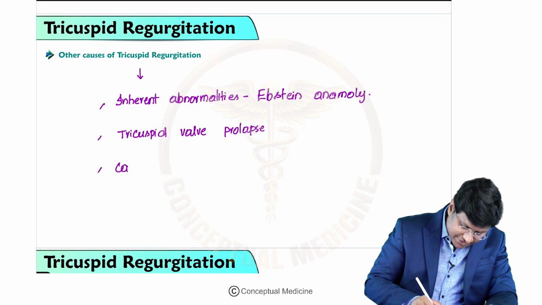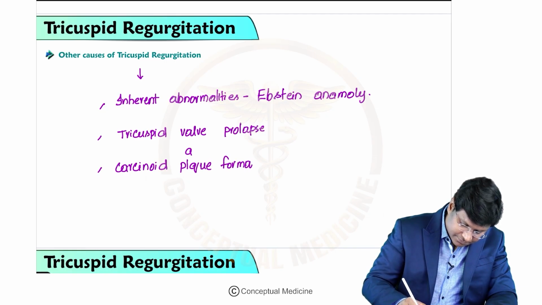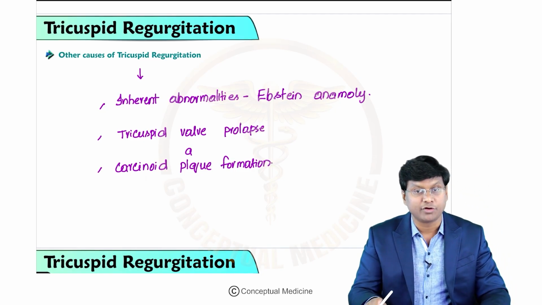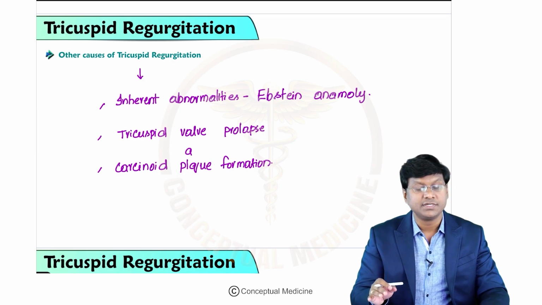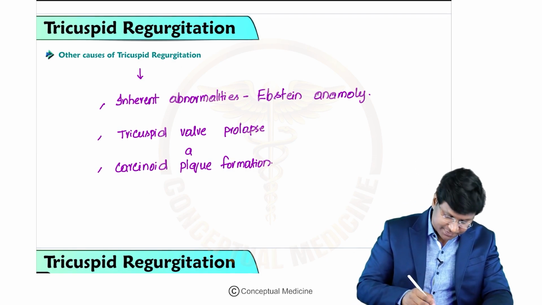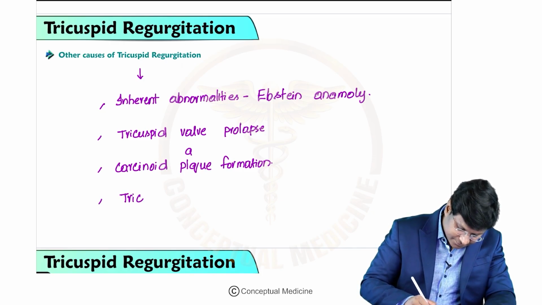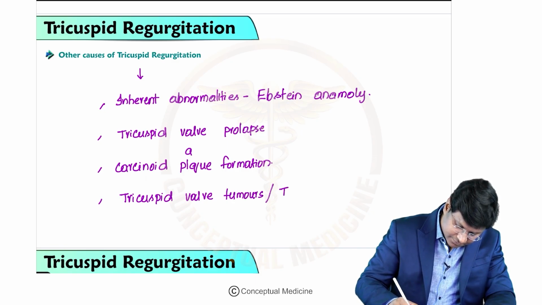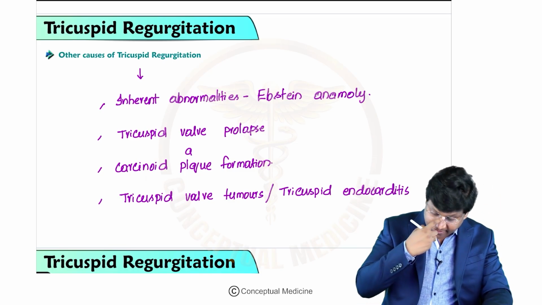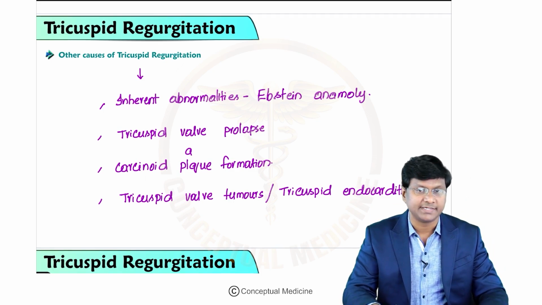Next, carcinoid plaque formation, then collagen disease inflammation, and tricuspid valve tumors or tricuspid valve endocarditis.